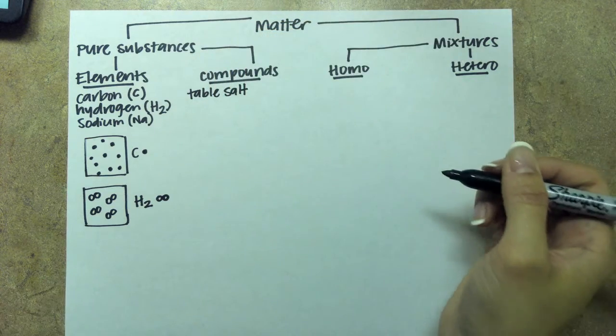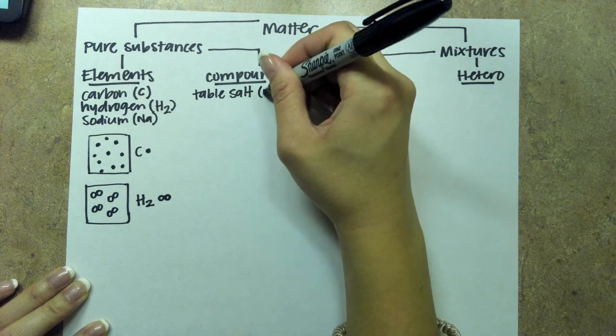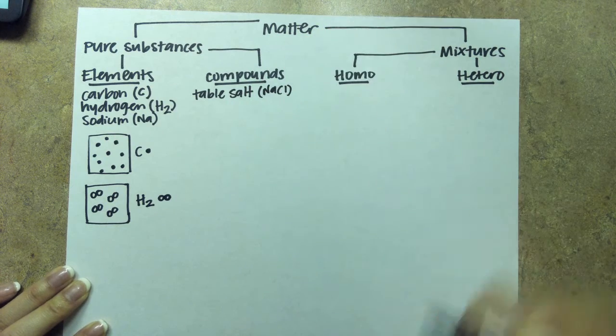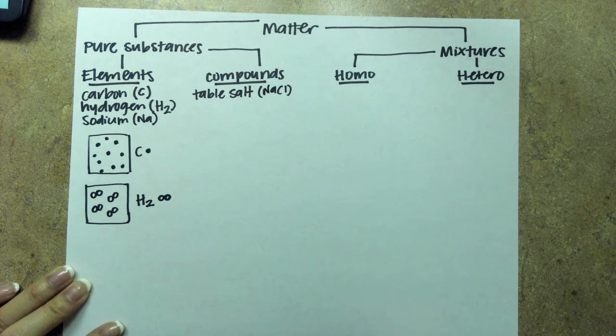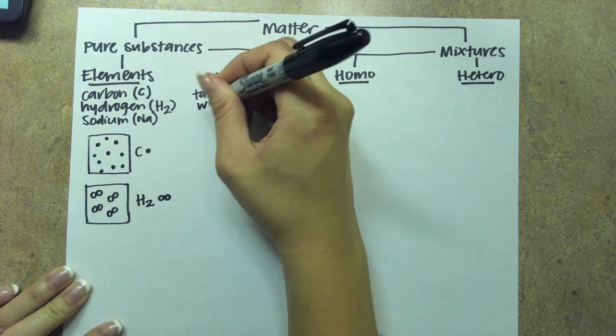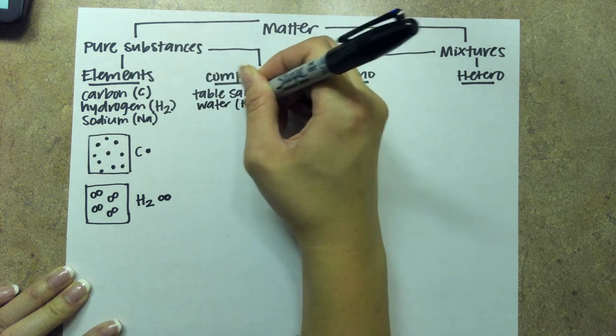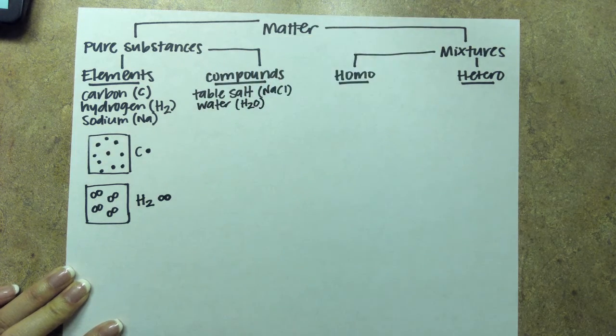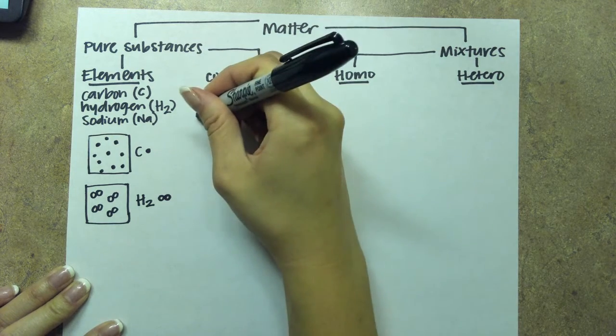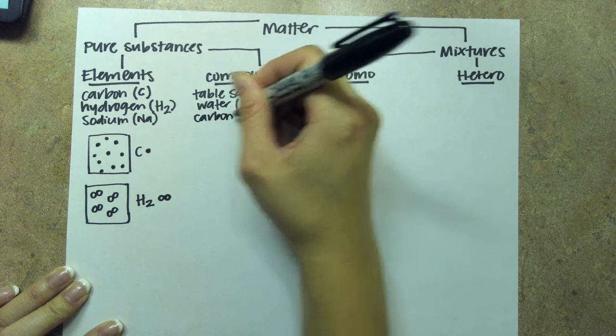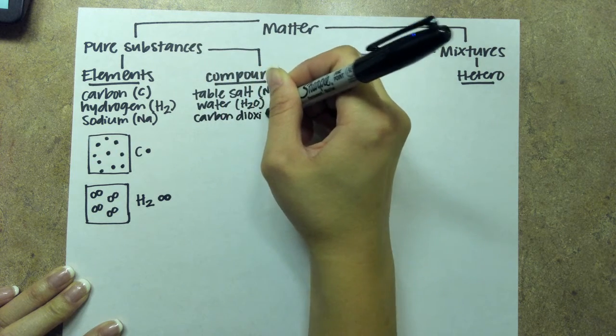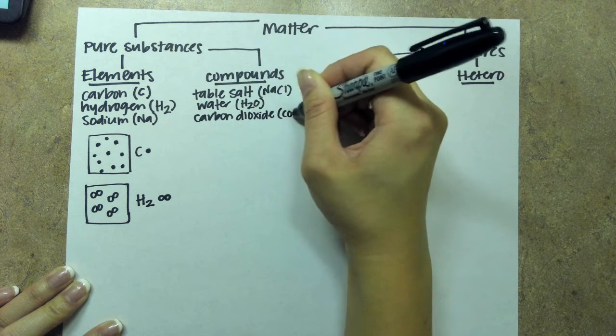And so table salt is NaCl, so this is the salt that you have probably in your cabinet somewhere at home. Another example would be something like water, so H2O. And then even something like carbon dioxide. So that's CO2.